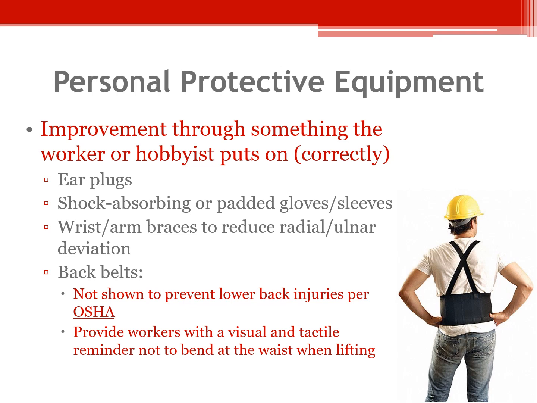Some examples of PPE would be earplugs, shock absorbing or padded gloves and sleeves. This can enable people to use a drill or a jackhammer or many other things without absorbing nearly as much of the vibration forces as they would without them. We know that for people that use keyboards a lot, wrist and arm braces can prevent radial and ulnar deviation.